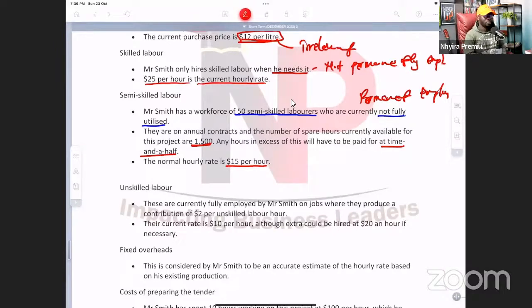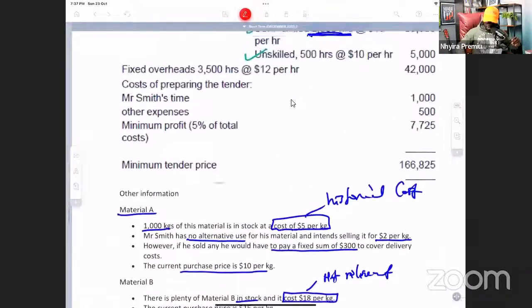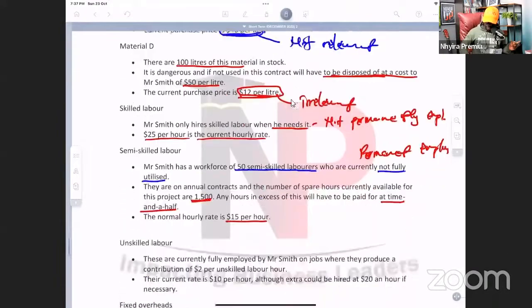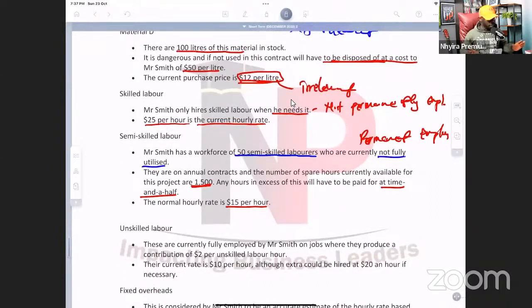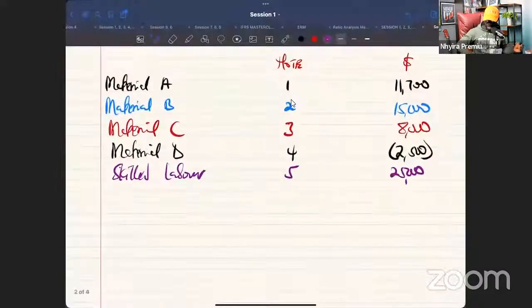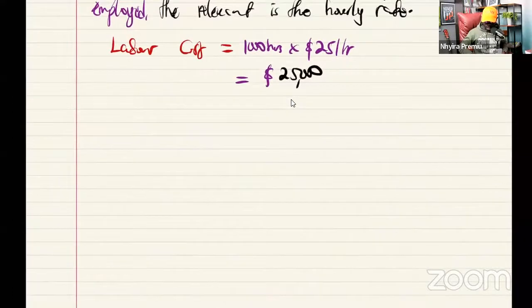So what does that mean? We need 2,000 hours of the semi-skilled. The 50 people who are not fully utilized can give us 1,500 hours. So our headache now will be only 500 hours, the extra hours that we require. I hope you are getting the idea.